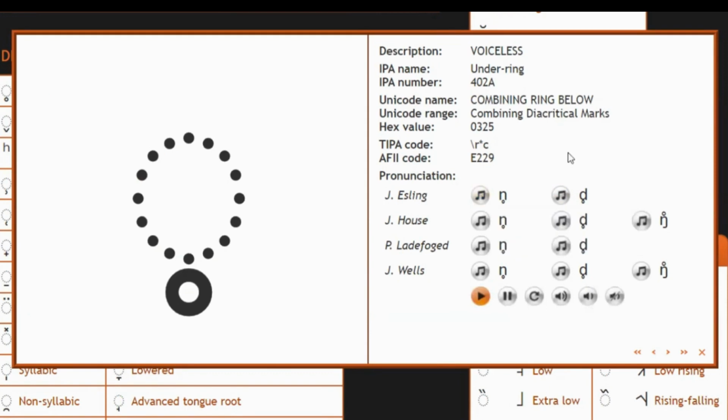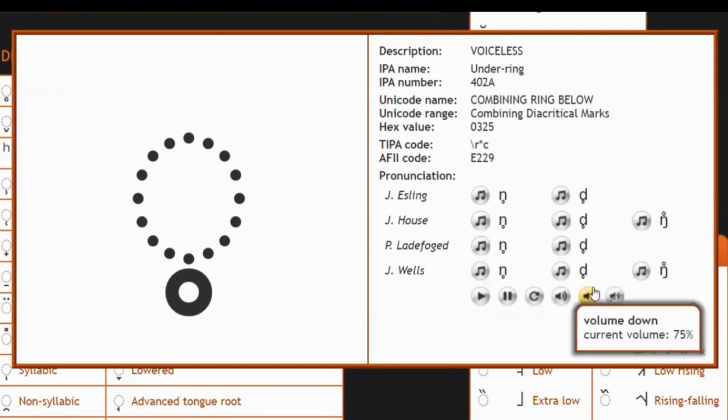Na, na. These are all the voiceless alveolar stops, the voiceless alveolar stop.